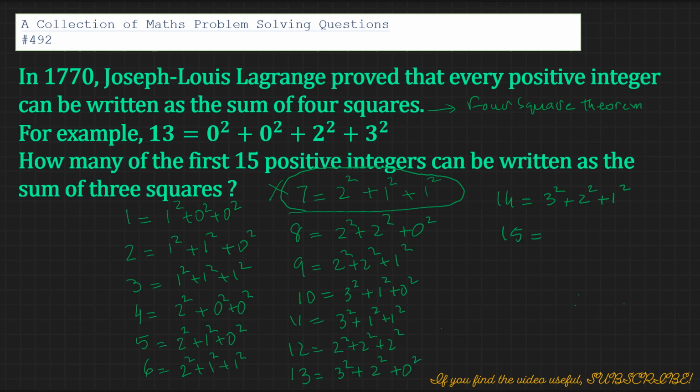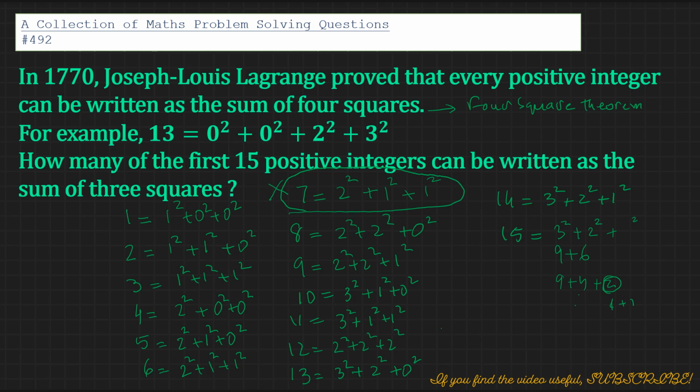And 15, how am I going to write 15 now? 15 is 9 plus 6. So 9 plus 4 is 13 plus 2 is 15, but I cannot express 2 as a square, so I have to write 1 plus 1. You can do 3 square plus 2 square, 9 plus 4 is 13, plus another 4 is 17.